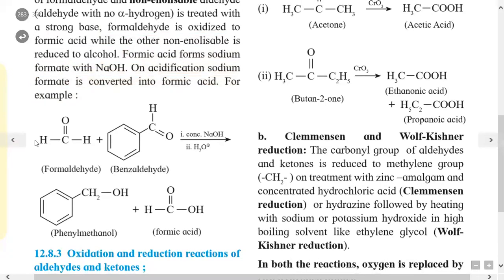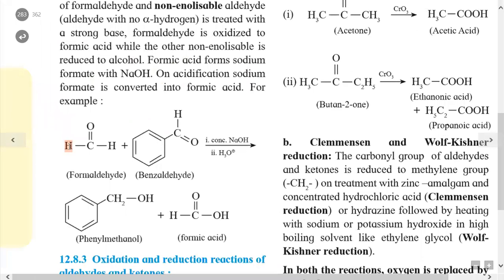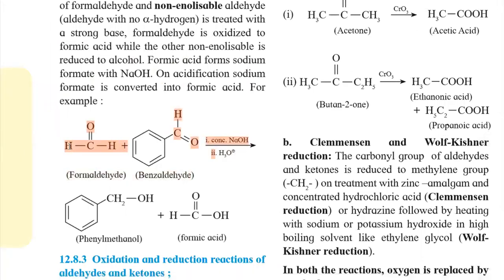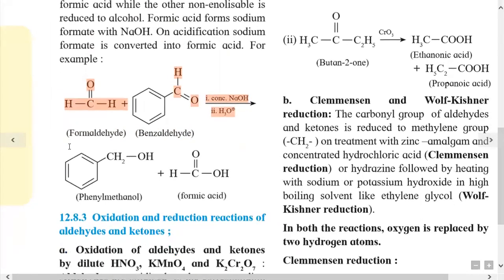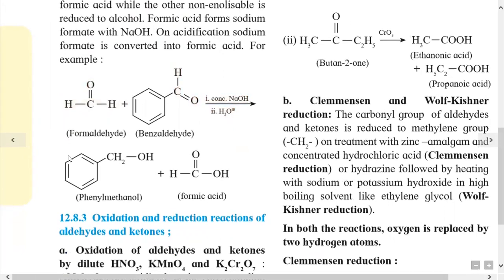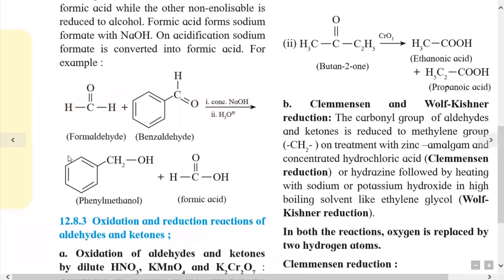And the reaction is, this is formaldehyde. When a mixture of formaldehyde and benzaldehyde is heated with concentrated NaOH, followed by H3O+, that is further hydrolysis in the second step, we get phenyl methanol, that is the reduced product, and the oxidized product is formic acid.